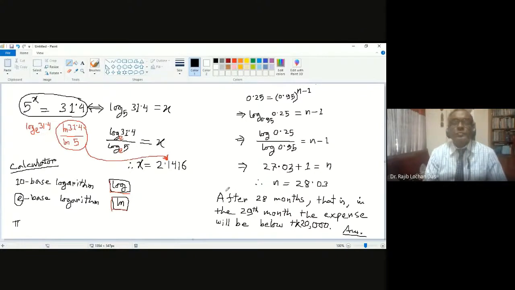So 2 years, then 4 months later, after 2 years and 4 months, so in the 29th month, the expense will be below 20,000.